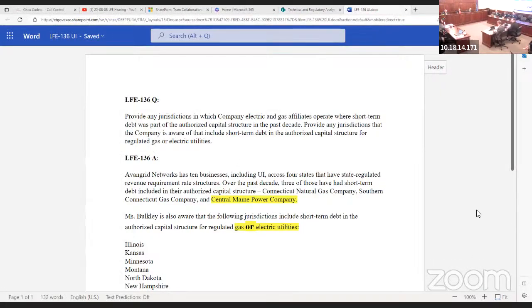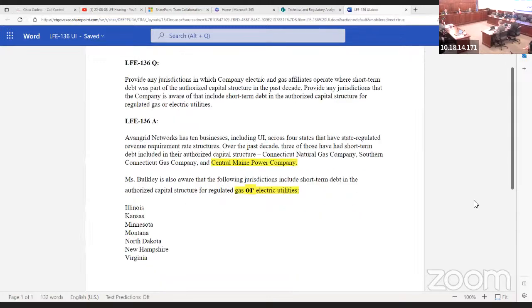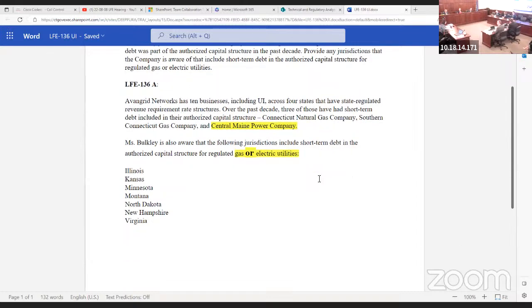Very good, thank you. We'll begin with authority staff, Ms. Skouras, please. Good afternoon, panel. Rita Skouras for the authority. Thank you very much. Let me move over closer here. If we would reference your late file 136, and I believe Attorney Riley has brought that up on the screen. I have a couple of questions here regarding short-term debt and capital structure.